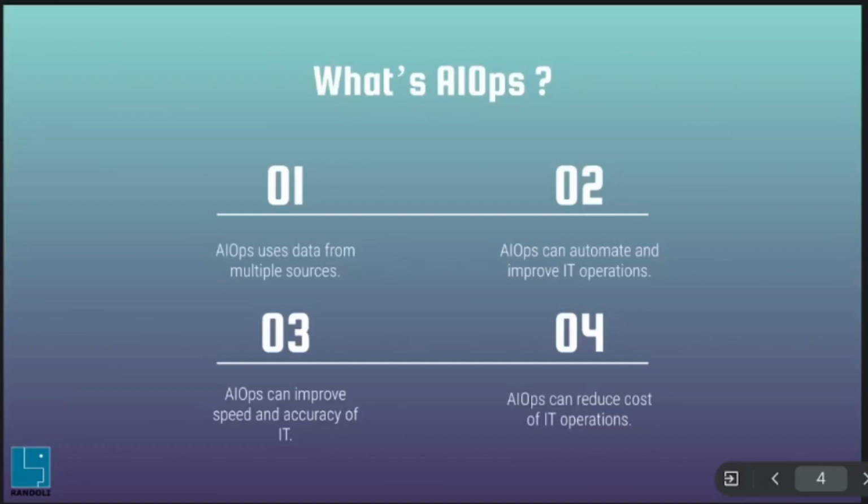This can include tasks such as monitoring and managing network and system performance, identifying and predicting potential issues, and automating routine tasks and processes. AIOps can help organizations to improve the availability, reliability, and performance of their IT systems, and reduce the amount of time and effort required to manage and maintain them.